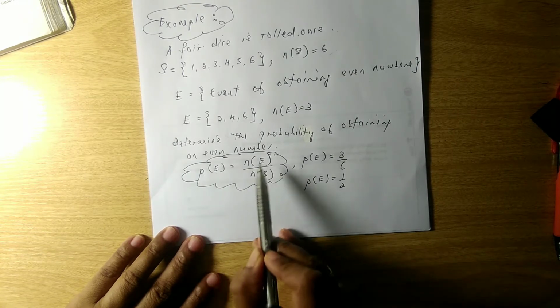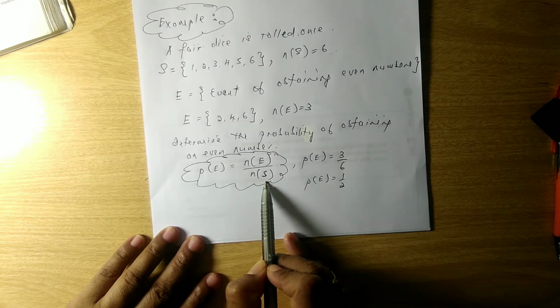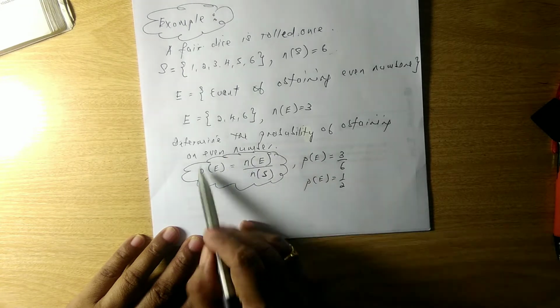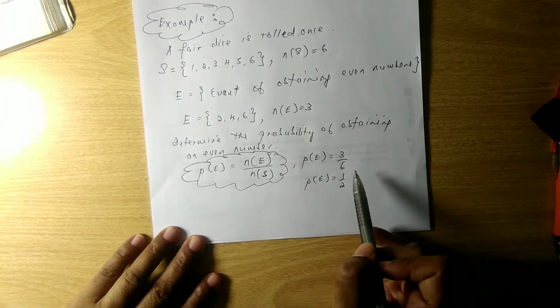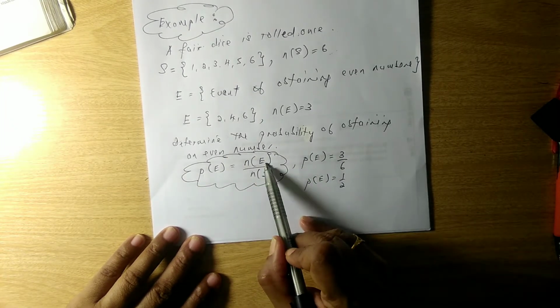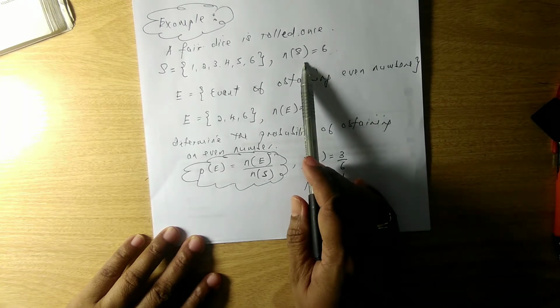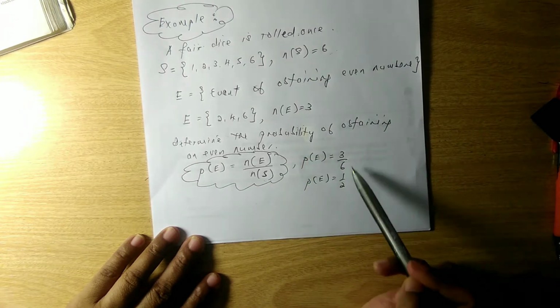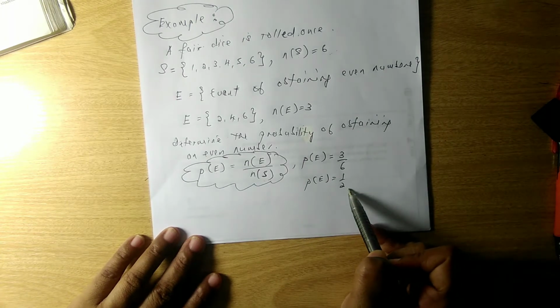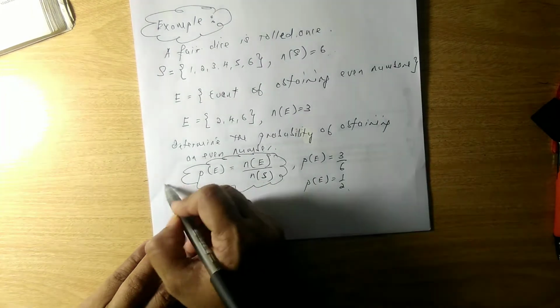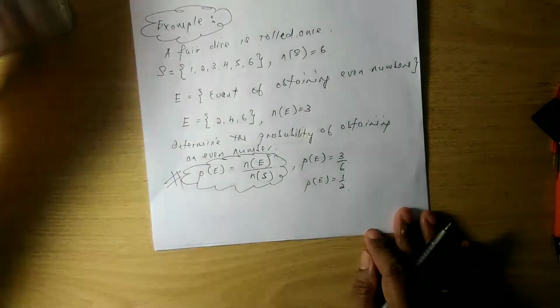So the number of elements in E is 3, over n(S), which is 6. So 3 over 6, when you simplify, becomes half. This is one formula that we need to know on how to get the probability of certain events that we want to look at.